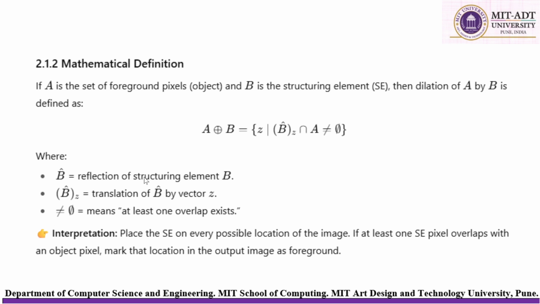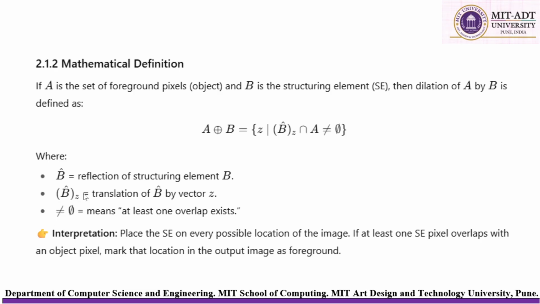Here B cap is nothing but the reflection of the structuring element B set. B cap of Z is the translation that you are performing on the structuring element B cap after reflection. So you are going to provide a certain amount of Z over here.